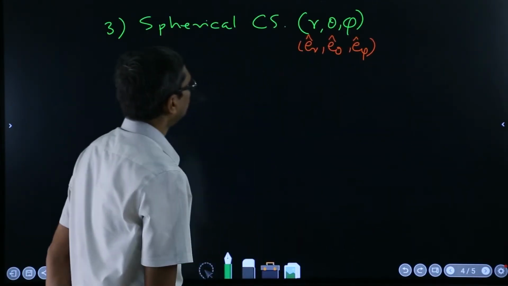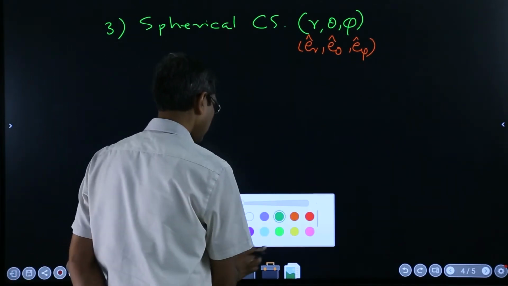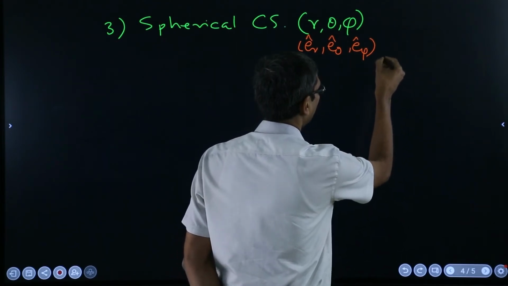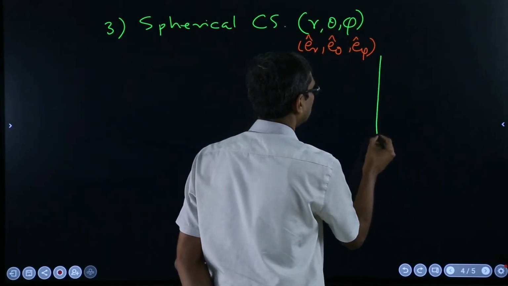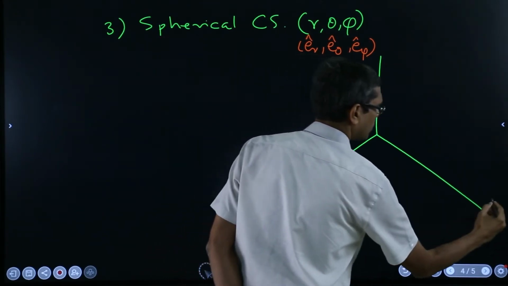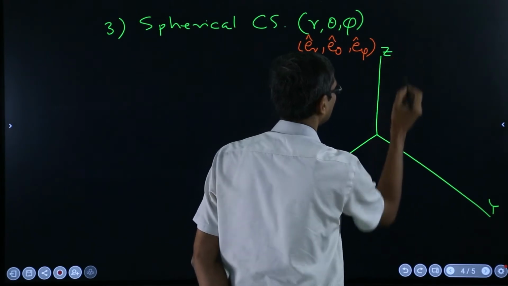Now we can go to the spherical coordinate system, in which again we will look for the xy coordinates directions, because with respect to these the thetas and phis will be measured.